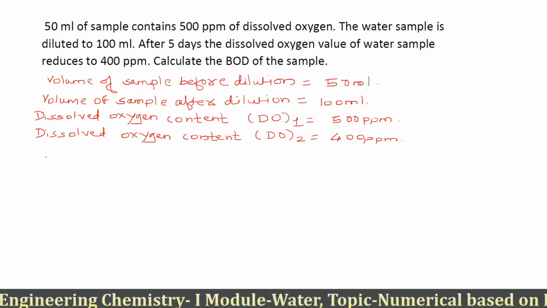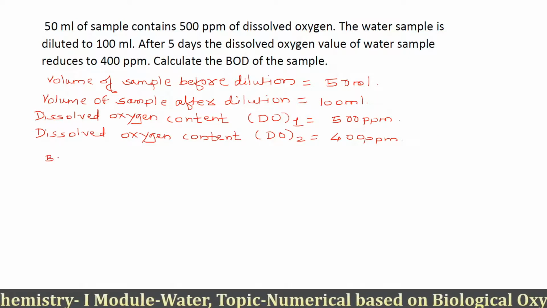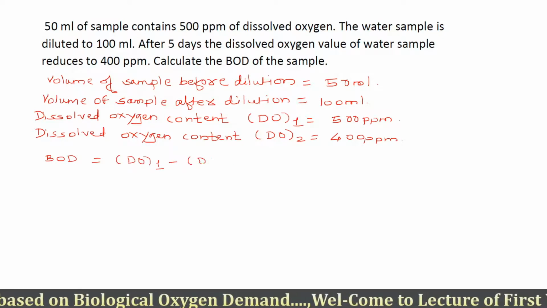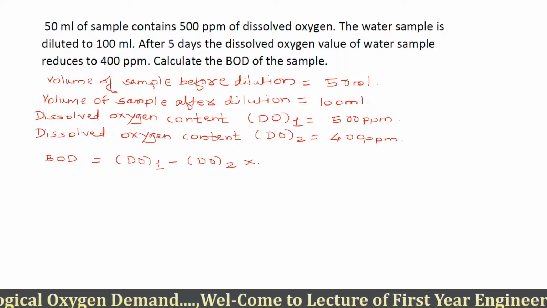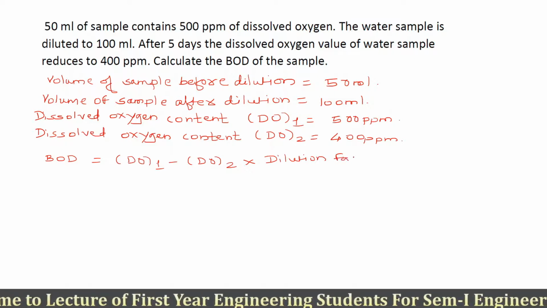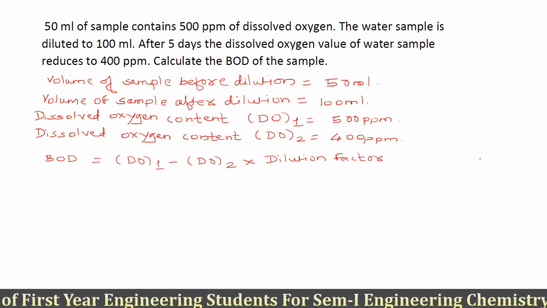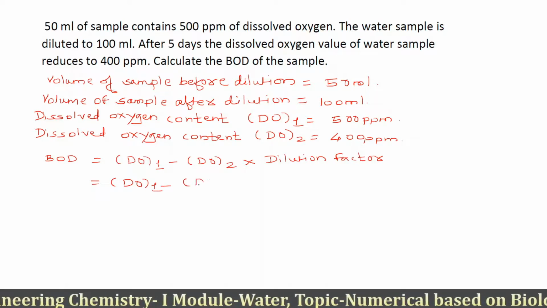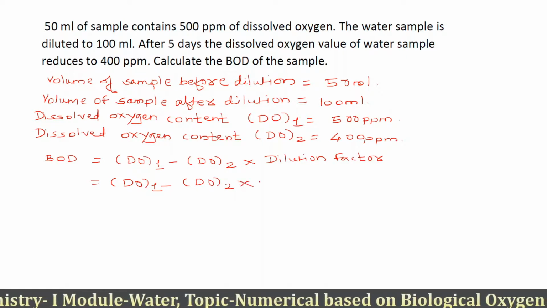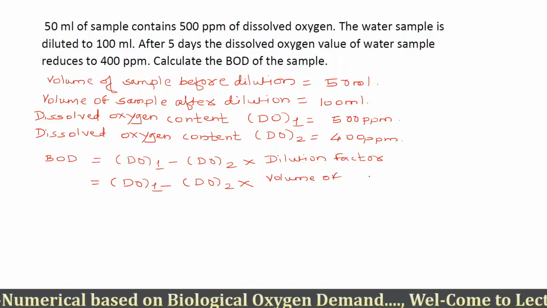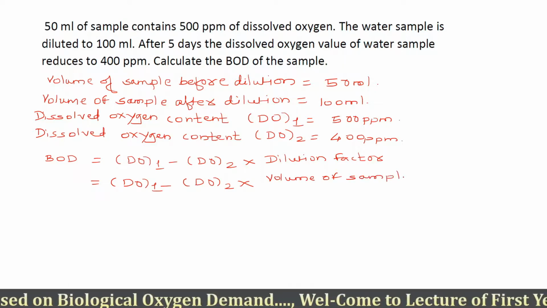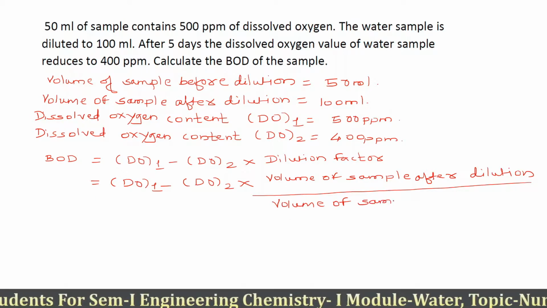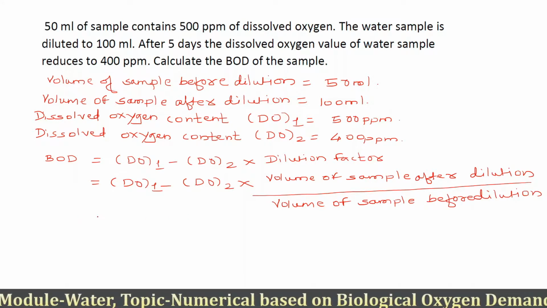Then the formula for calculation of biological oxygen demand is BOD equals DO1 minus DO2 into dilution factor, that is, volume of sample after dilution upon volume of sample before dilution.